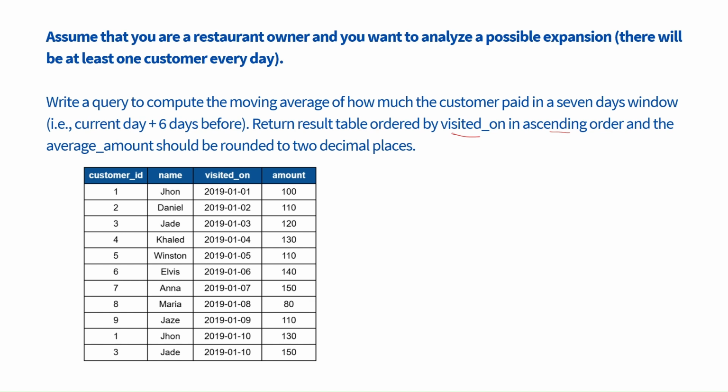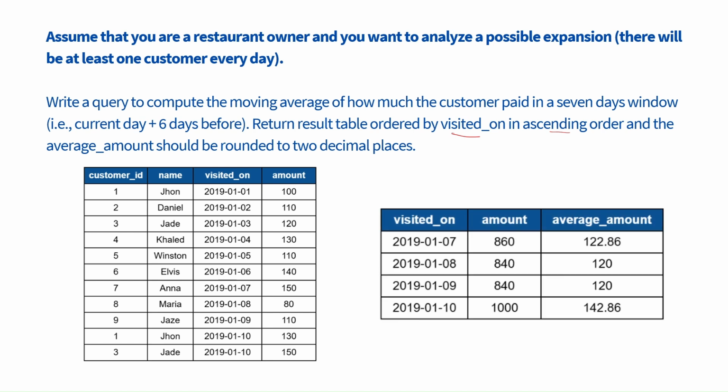Now your output table should look like this. Here you want to compute the 7-day moving average of how much customers pay, where the window is the current day plus the previous 6 days. We also want to display the average amount of that particular 7-day moving average in a new column.